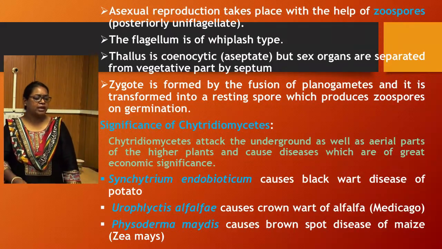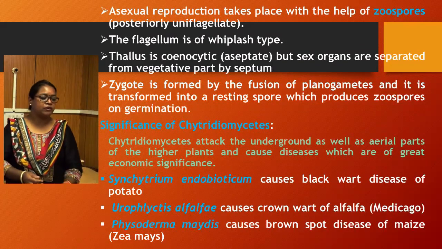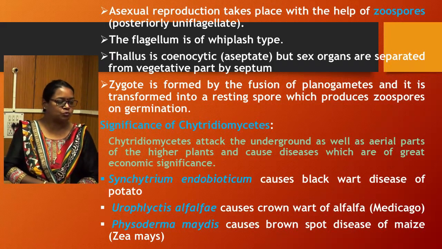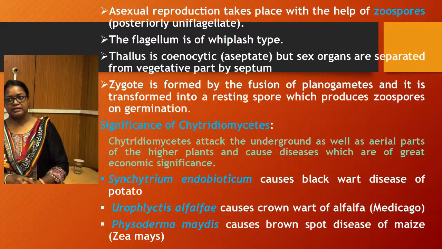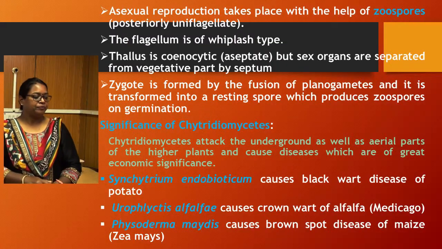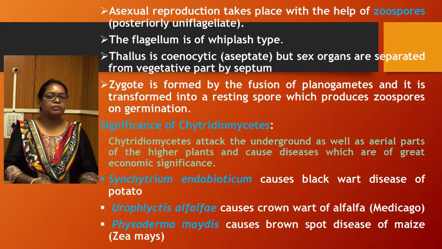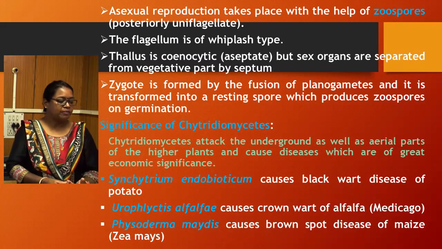They perform asexual reproduction with the help of zoospores. These zoospores are posteriorly uniflagellate and their flagellum is whiplash type. Zygote is formed by the fusion of planogametes.